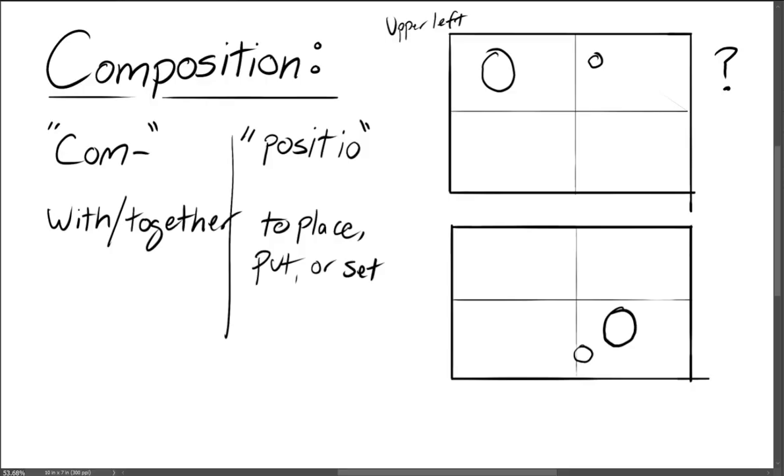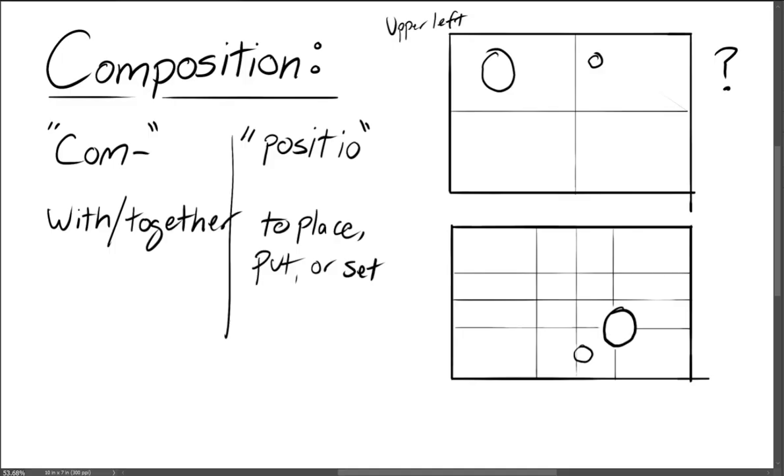Now, if I want to break this down even further, I could say that this circle is along the right-hand third of this rectangle. So splitting it up into thirds, we can sort of coordinate where it is. It's also along the lower third of this rectangle. And we'll talk a little bit more about rule of thirds.